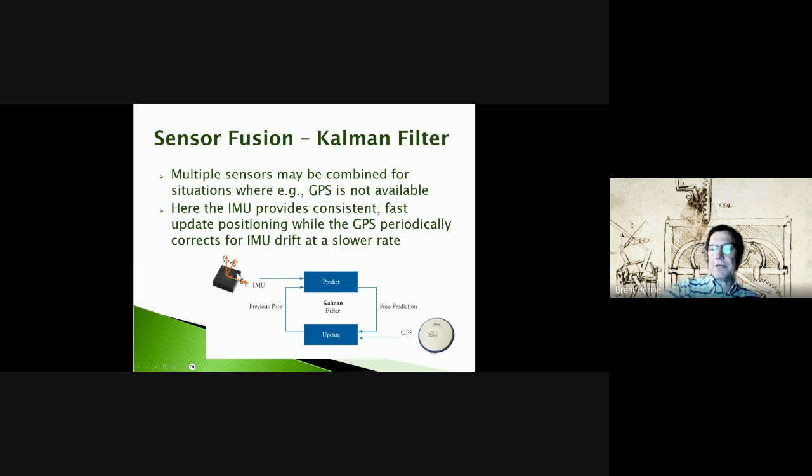We can sample this thing many times a second, 200 kilohertz, 200 kilosamples per second if we want, so pretty fast. These things might be connected over an I2C bus on your microprocessor, so we can get very fast update positioning, but it drifts.